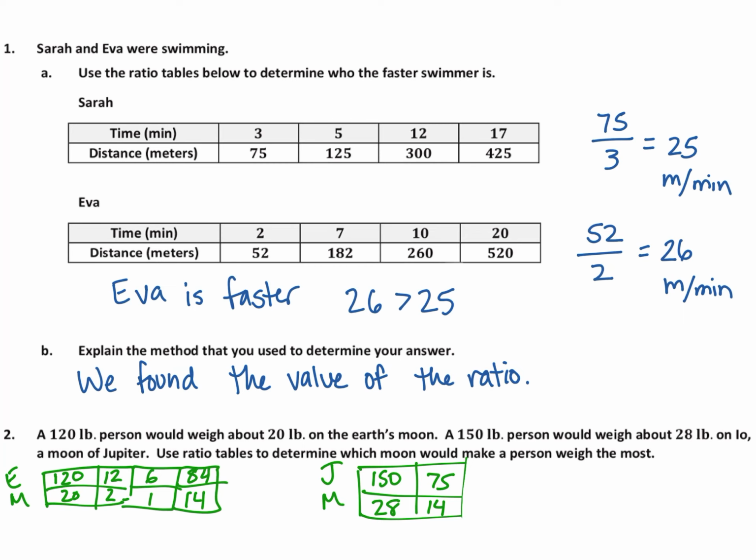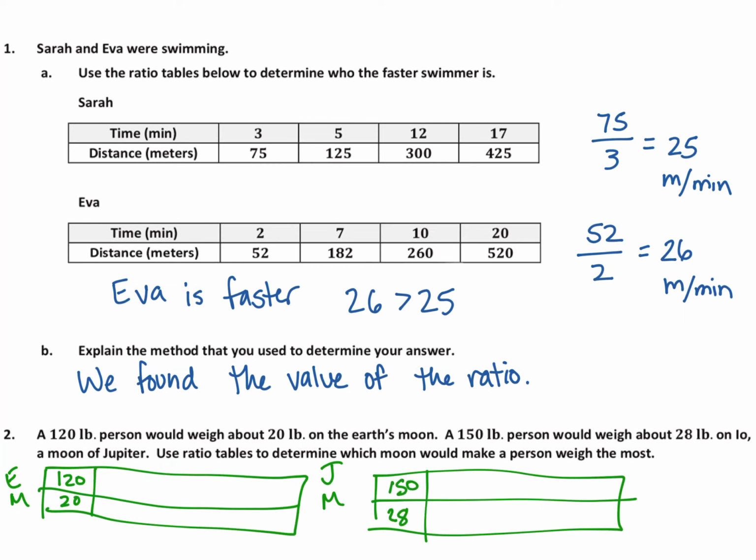But what about when the person is weighing the same amount? Let's try and build our way up. The next one would be twice as much. And then we would add another 120 onto that. And another 20 on the bottom.